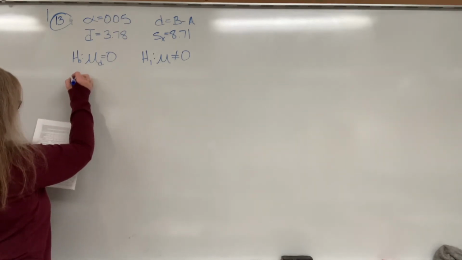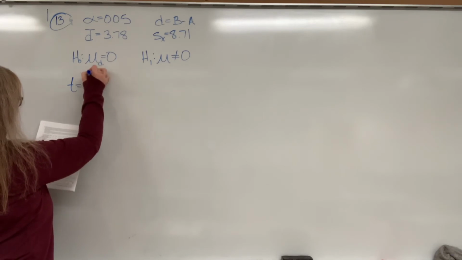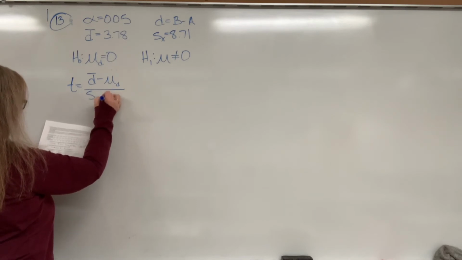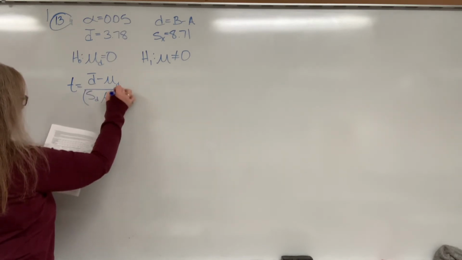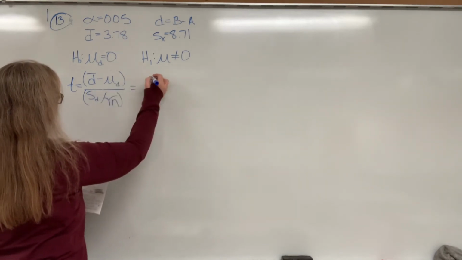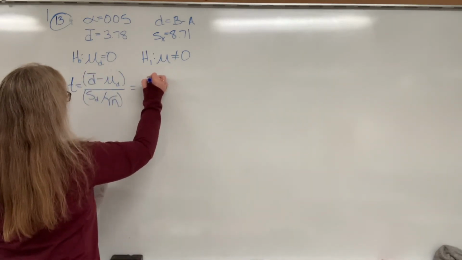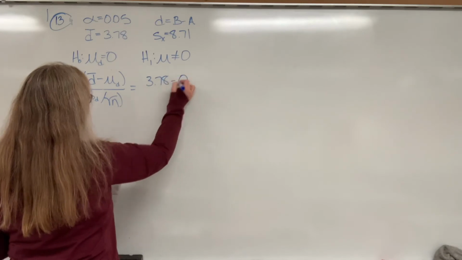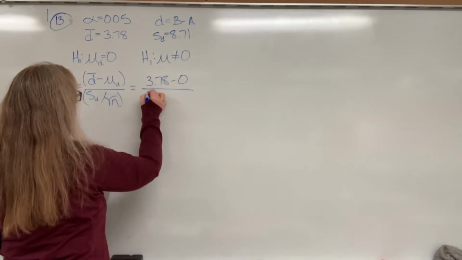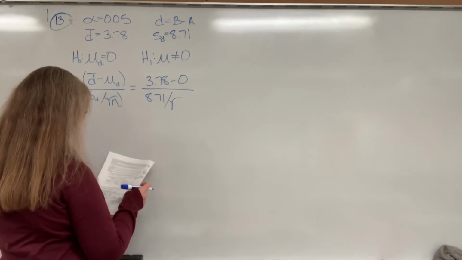We're going to use the T distribution because sigma is unknown. So T is D bar minus mu sub D over S sub D over the square root of N, right? Remember, however, that because mu sub D is going to be 0, that'll help my math a little bit. 3.78 minus 0 over 8.71 divided by the square root of, what was N?